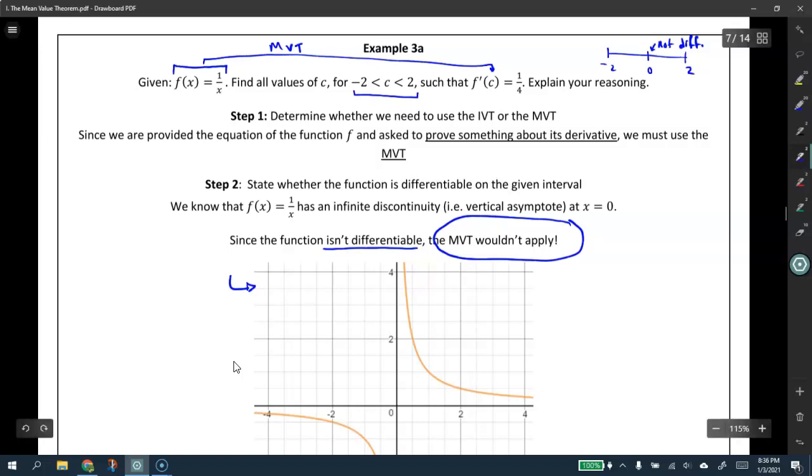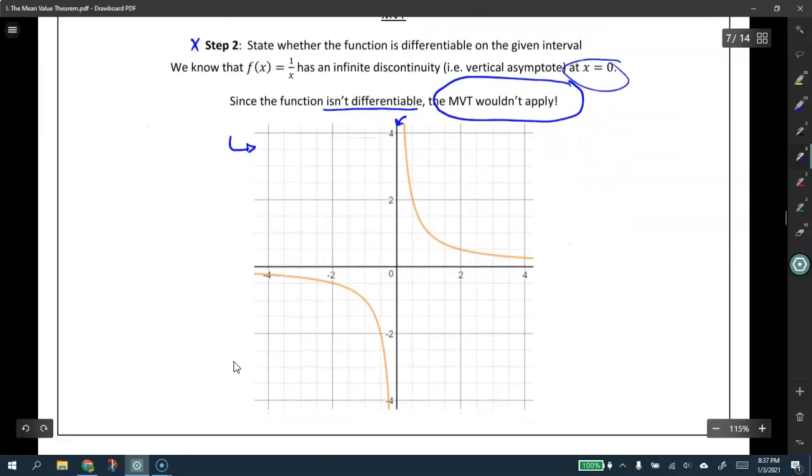Yes, we do know that we're supposed to use the MVT, but as soon as we try to work with the MVT, that fails because of the lack of differentiability at x equal to 0, right? So here is the vertical asymptote, also known as an infinite discontinuity.